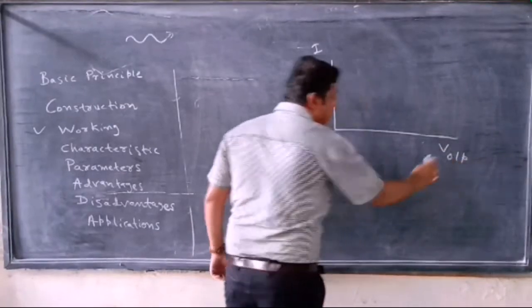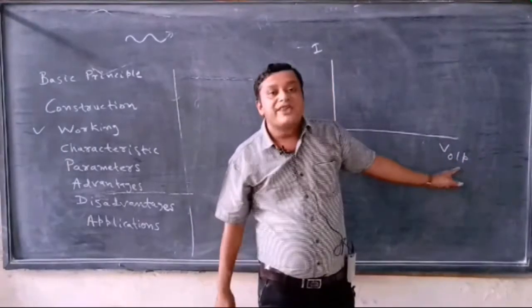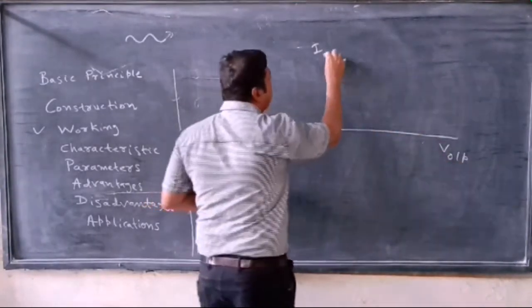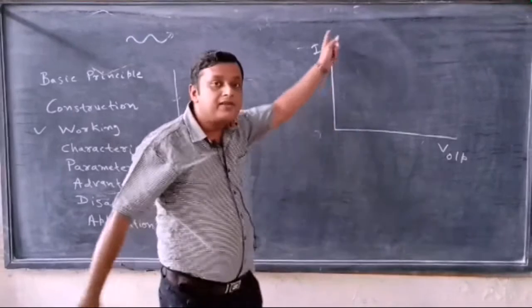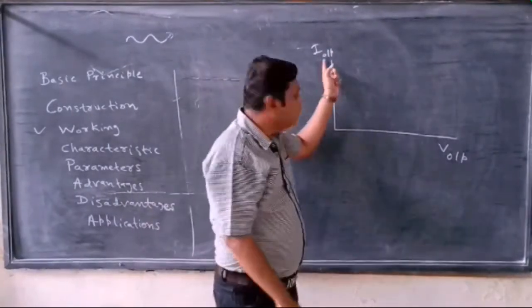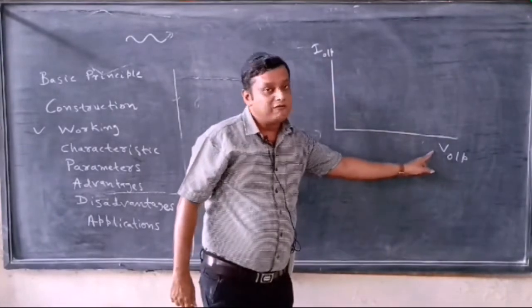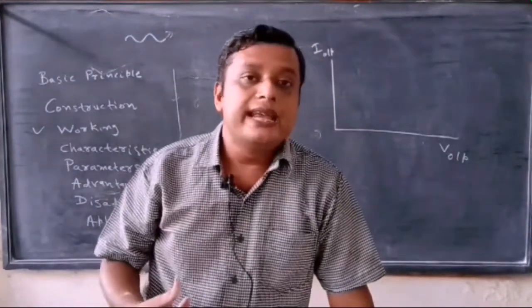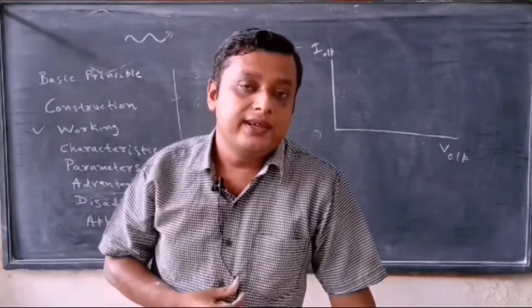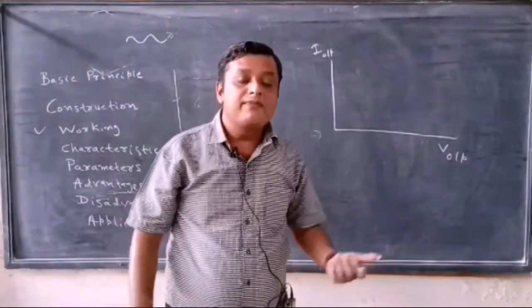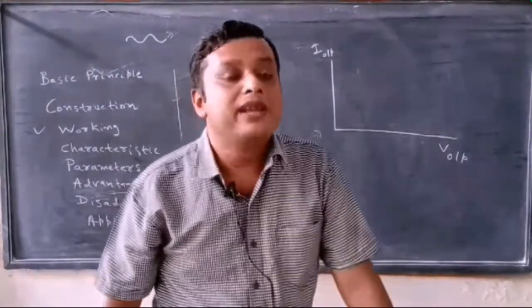V is the output voltage which is developed across the solar cell, and this is the output current which is passing through the solar cell. So output current versus output voltage at different incident intensities of light on the solar cell. So the nature of the current-voltage characteristics will be like this.